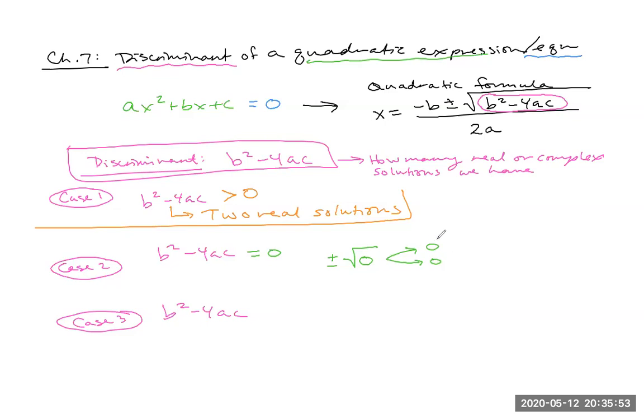That means you only have one real solution, one real distinct solution. So if your discriminant is equal to 0, you have one real solution.